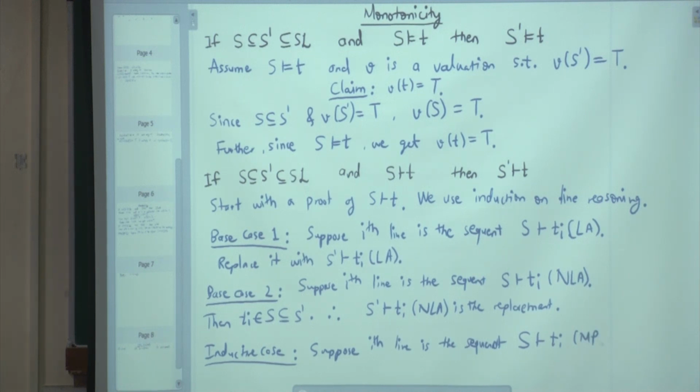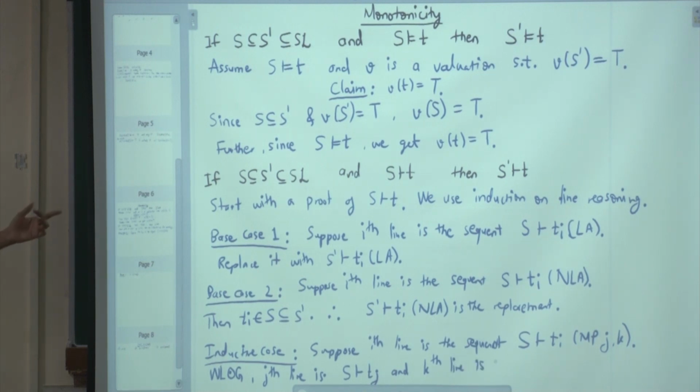So let me write them as j, k. Without loss of generality, the jth line is S proves Tj, and the kth line is, what should it be?